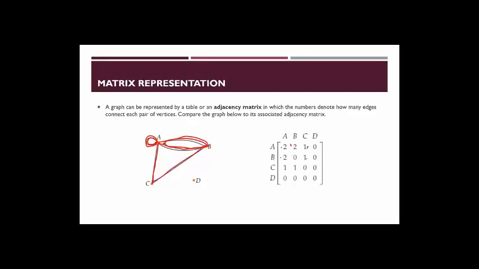Then B to A is 2, B to B is 0, B to C is 1. Then C to A is 1, C to B is 1, C to C is 0, and C to D is also 0 because D is an isolated vertex.